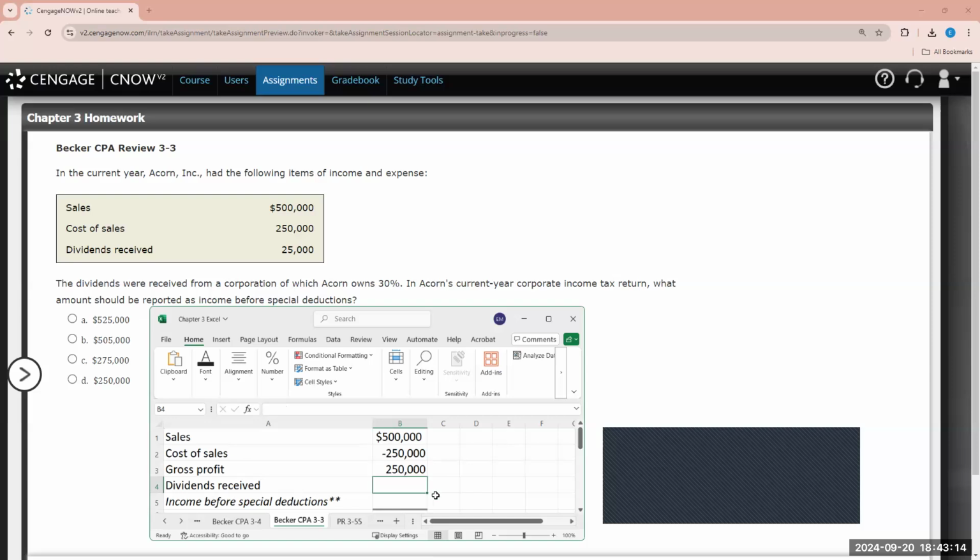And then we also need to account for the dividends received, which is considered income. So therefore, in order to determine our income before special deductions, it is our gross profit plus the dividends that have been received of $25,000. So therefore, the income before special deductions is $275,000.